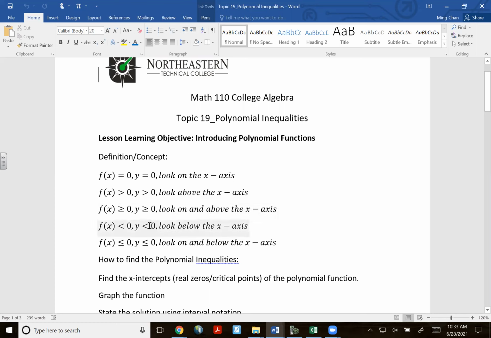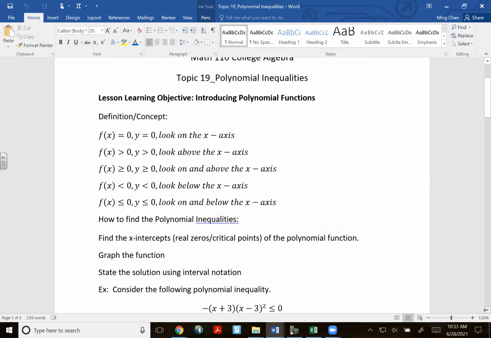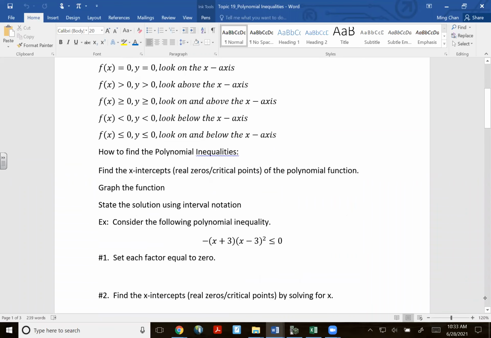Less than zero means we look at the graph that's below the x-axis. With the equal to, we look at what's on the x-axis and below it. So this inequality will tell me where I need to look at my function once I've graphed it.